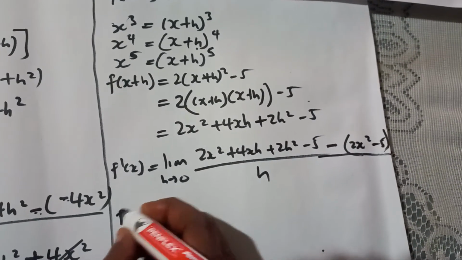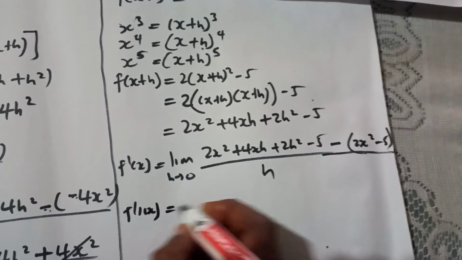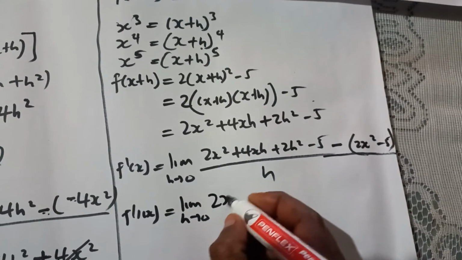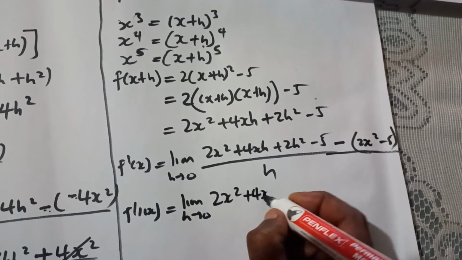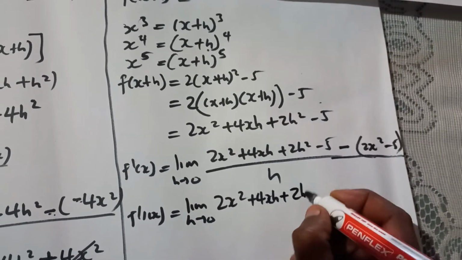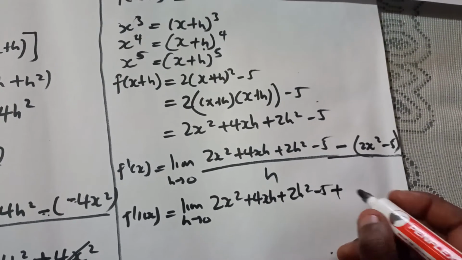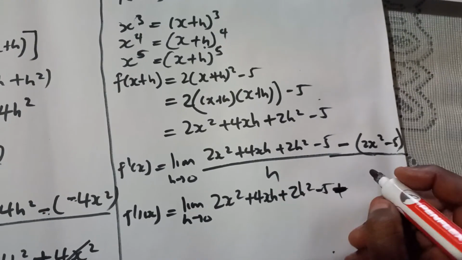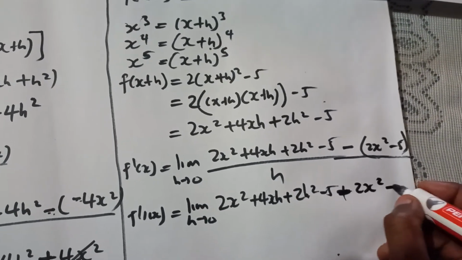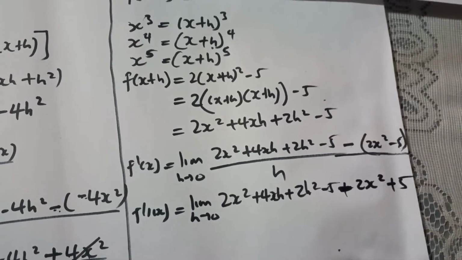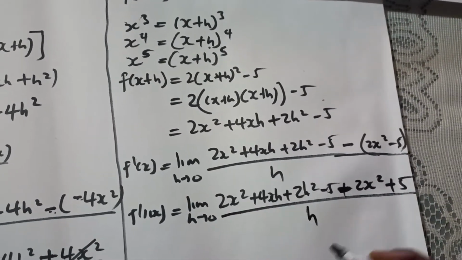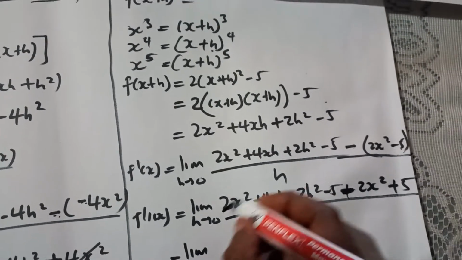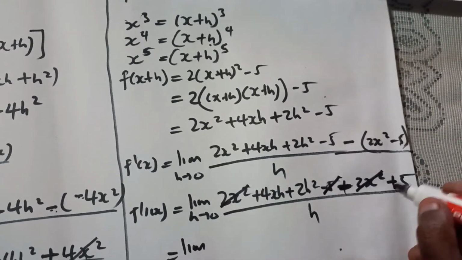Now we come, the limit as h approaches 0 of 2x squared plus 4xh plus 2h squared minus 5, minus, because there is no negative here, so it's minus, sorry for that, 2x squared plus 5, all over h. So the limit as h approaches 0, this one, this one, this one, and this one are out.